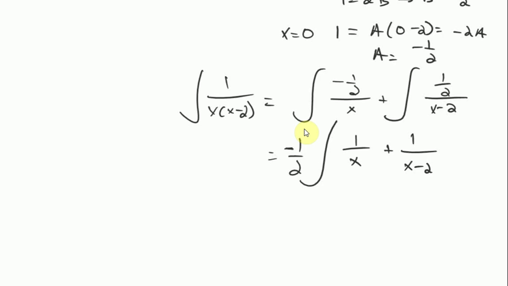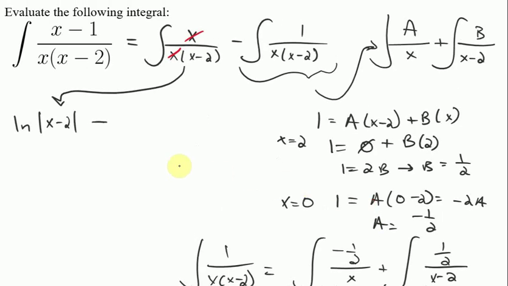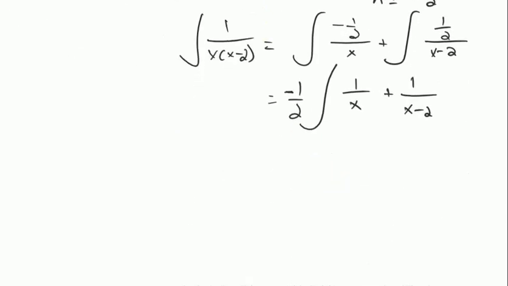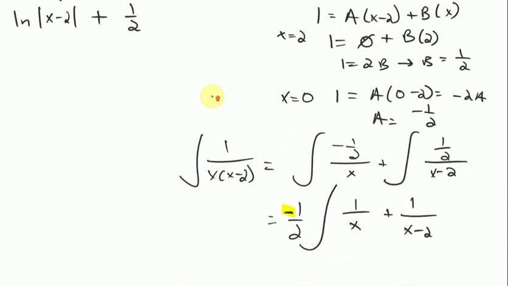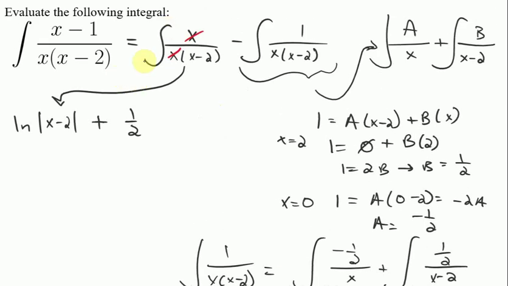And then we can just put that back up here with our ln of the absolute value of x minus 2. So let's solve that very quickly. This becomes 1/2, but this negative that we had down here is actually going to cancel out with this negative that we had here before.